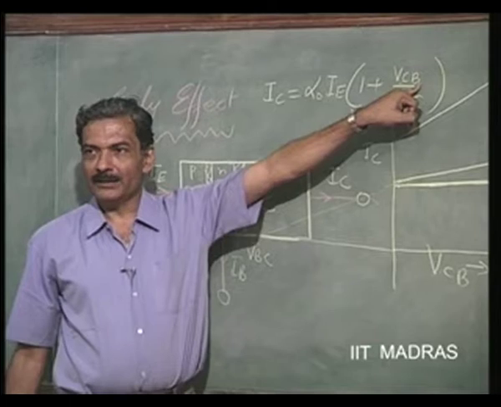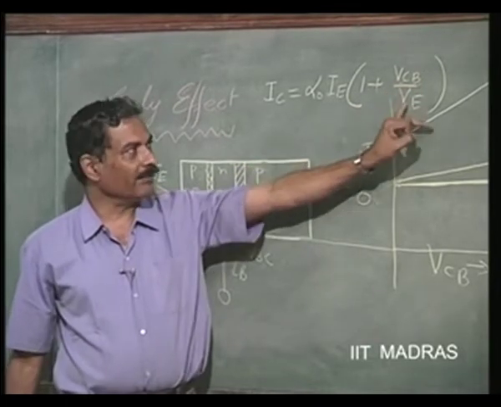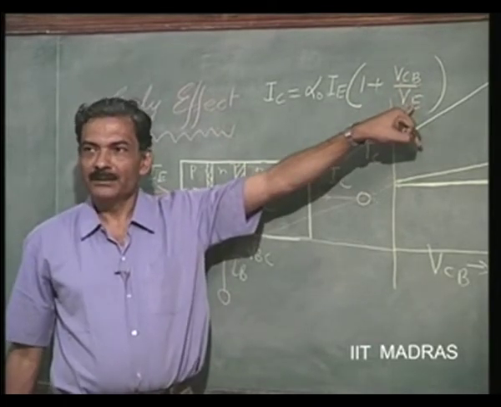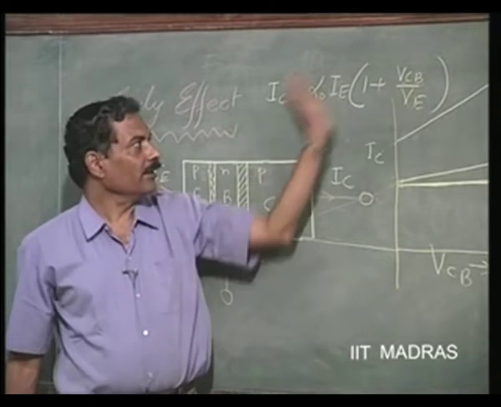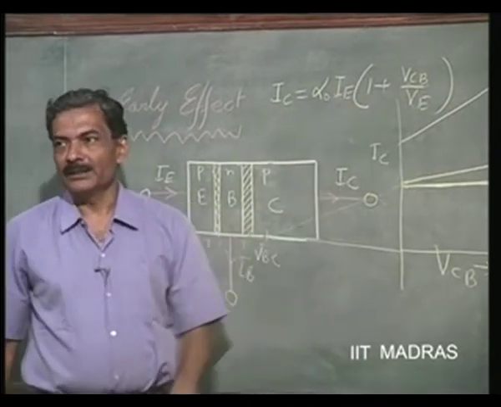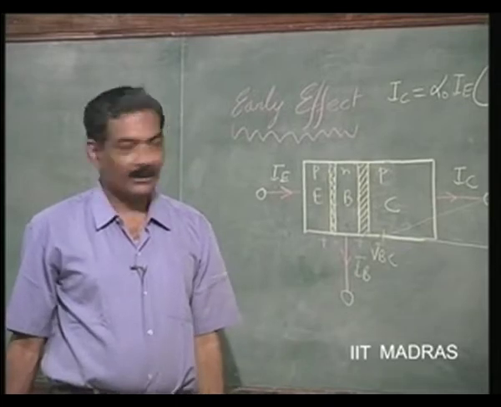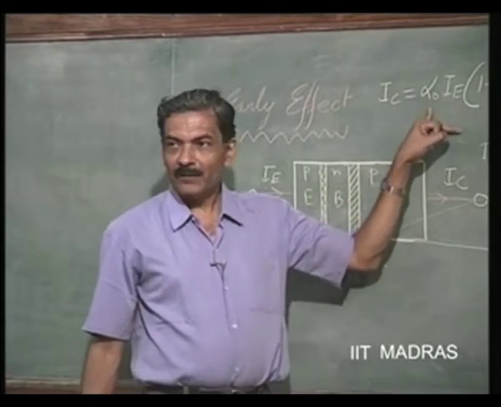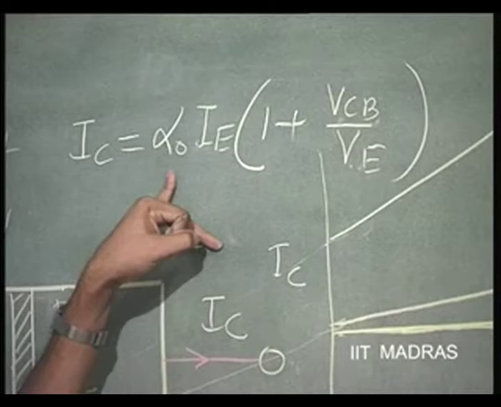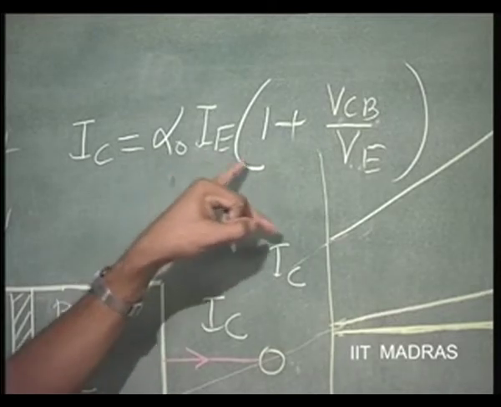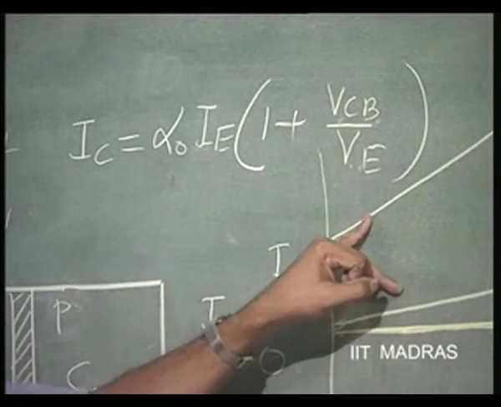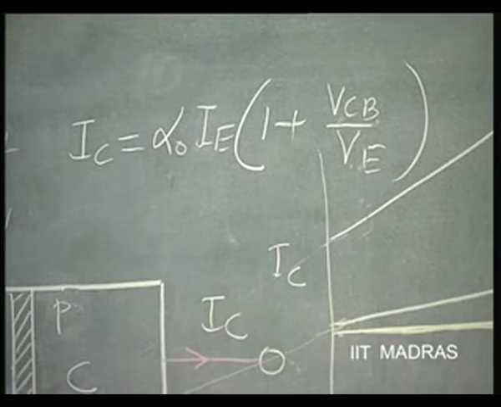For an ideal transistor where this effect is not there, VE is infinity. So IC is equal to alpha naught times IE. Otherwise, alpha naught is the alpha which is independent of VCB, times 1 plus VCB divided by VE. This voltage VE is called early voltage.